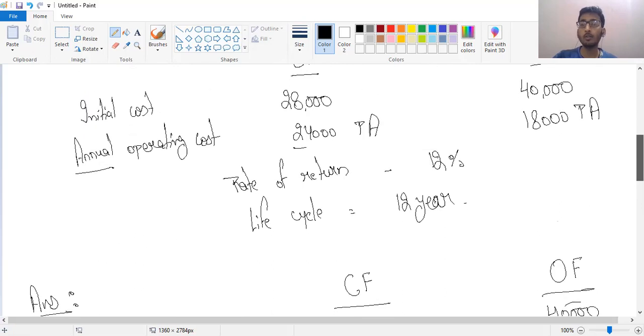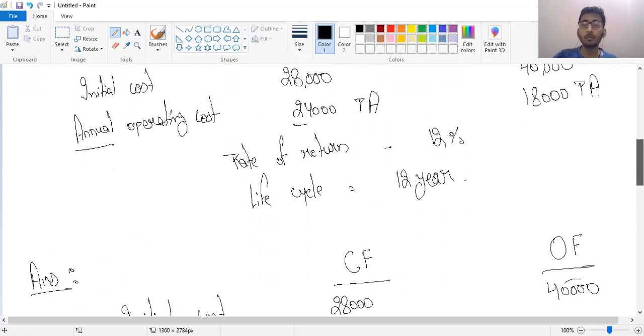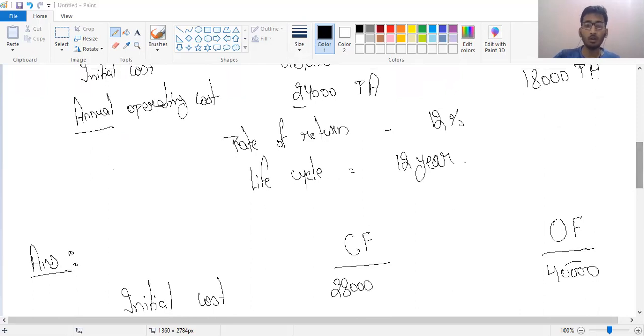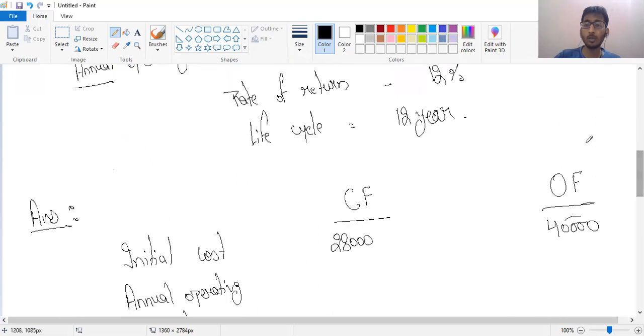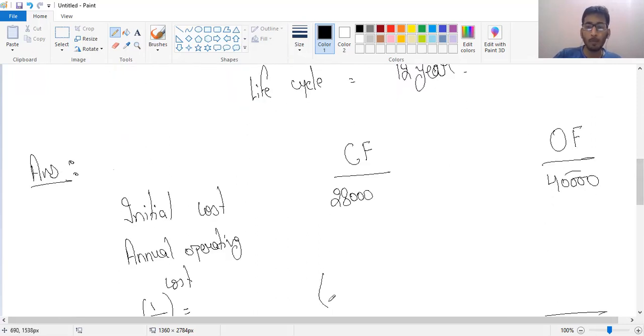It's called the present value annuity factor, PVAF. So what is the PVAF of 12% for 12 years? I am copying it from the solution because I do not have a calculator right now, but I really want you to have a good grip over the calculator, because the calculator is going to be your friend in the examination.